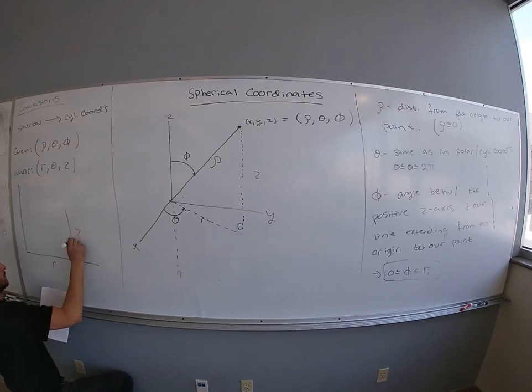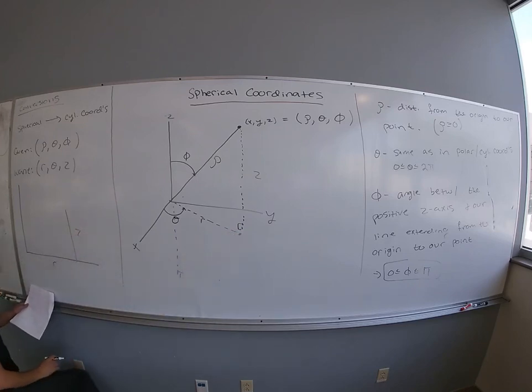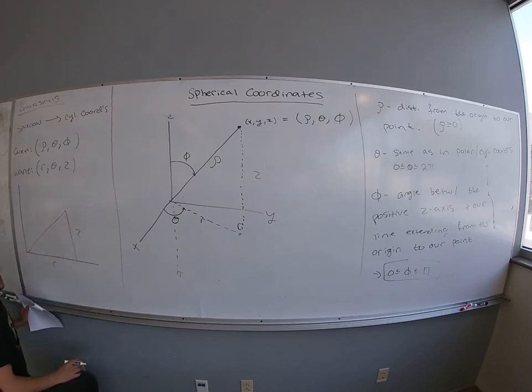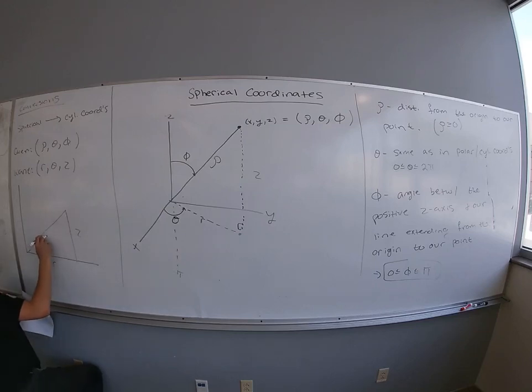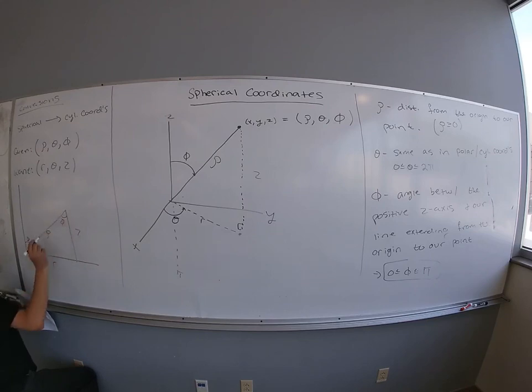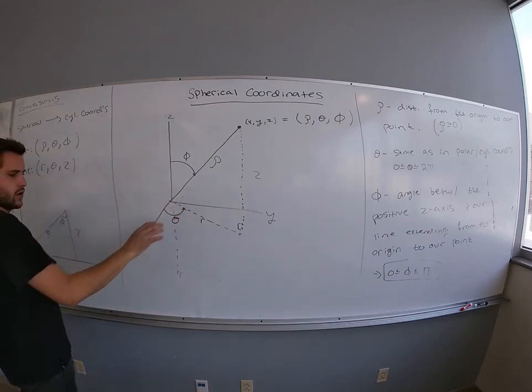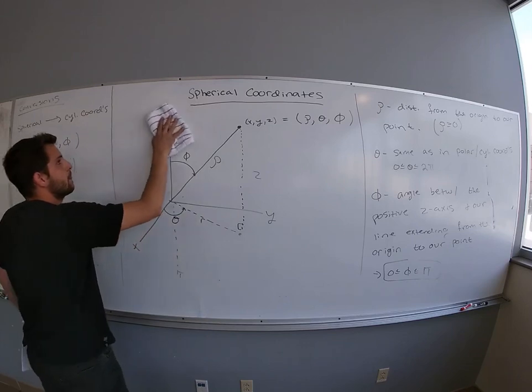R is the distance to that point right here. The hypotenuse of this triangle is going to be rho here. Now if this angle here is phi, then by some geometry, I can say that this is also phi, right? Okay. So, now that you can see where I got this triangle from this picture, I'll erase this, okay?